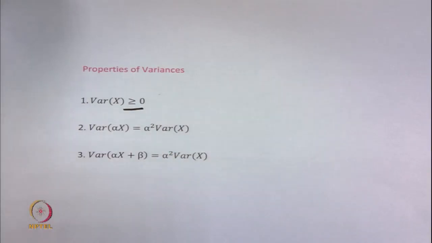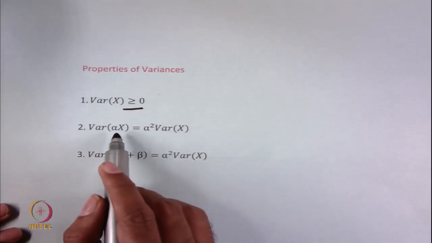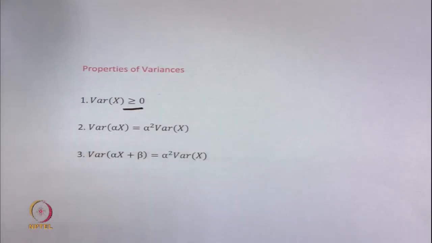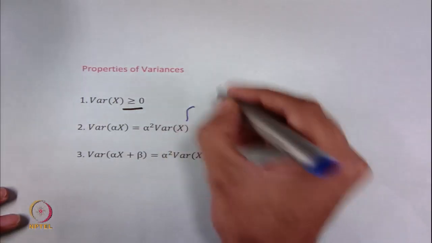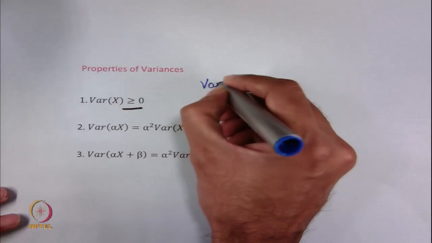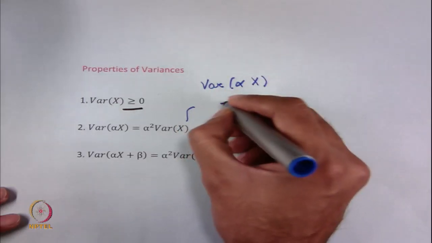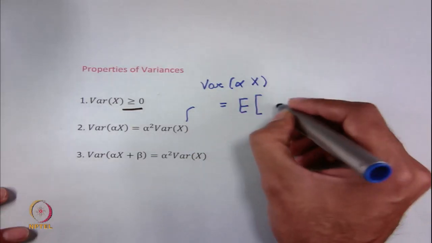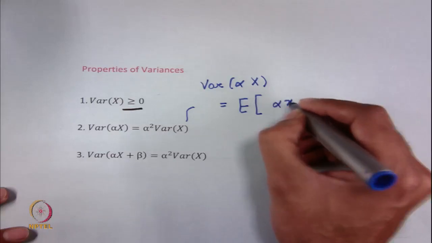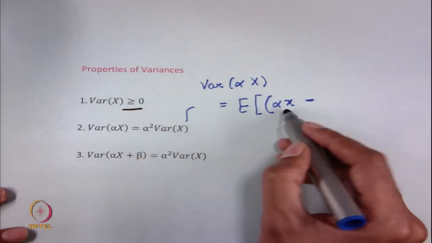Let us look at this property. What is the variance of a constant times a random variable? To think about this, let us plug this into the expression. So, variance of a constant times a random variable is nothing but the expected value of alpha times x minus, so why do we have alpha times x?